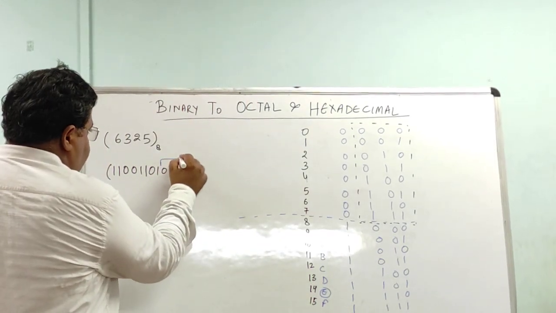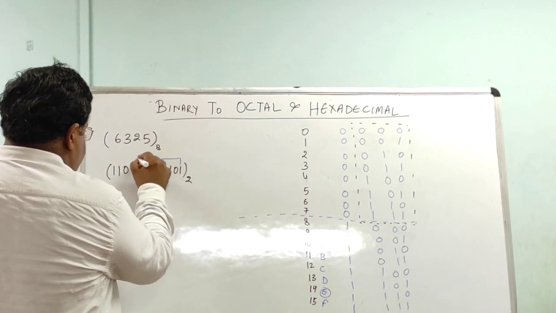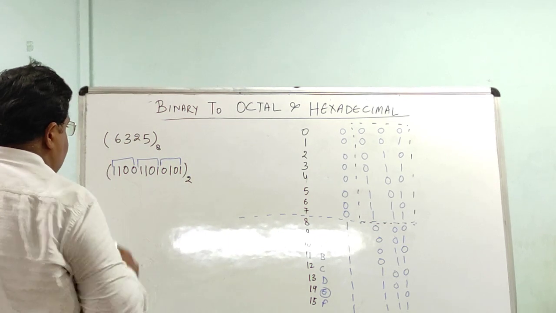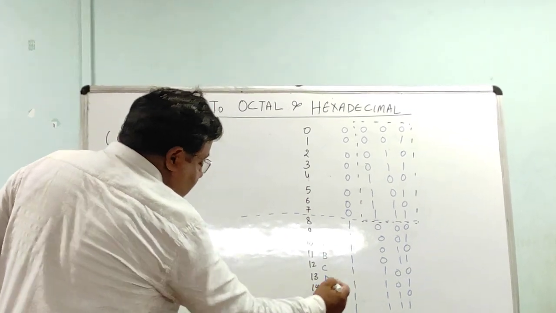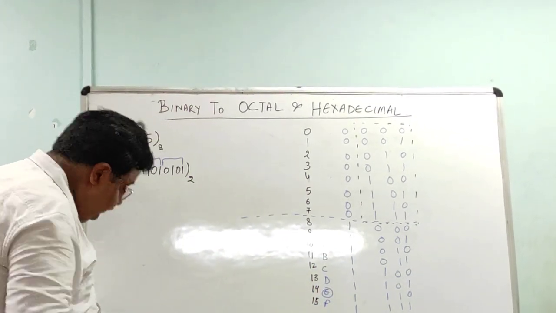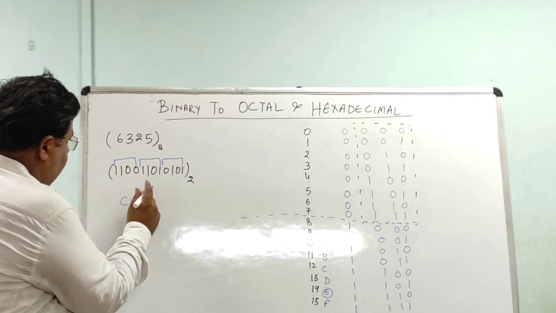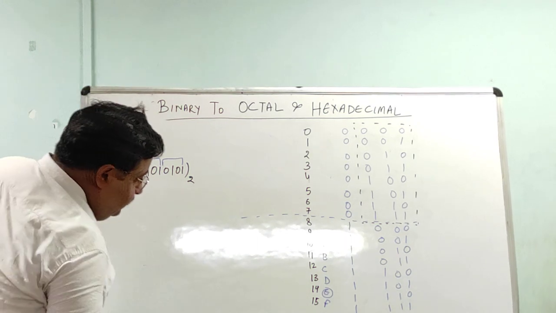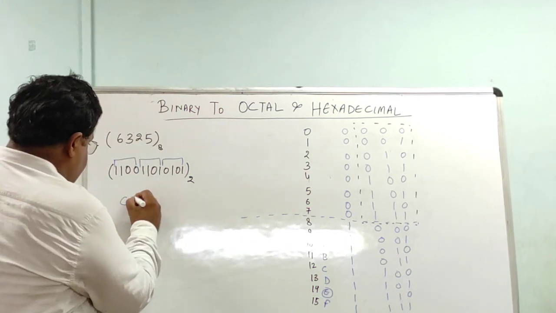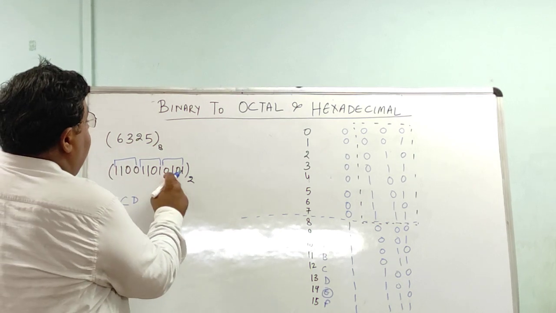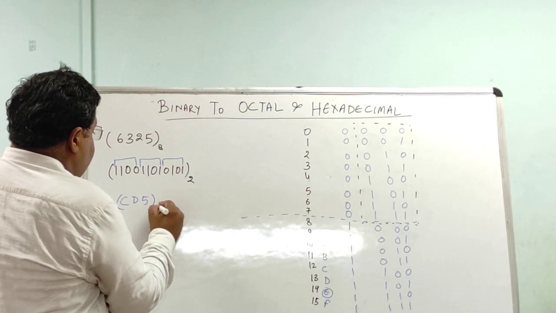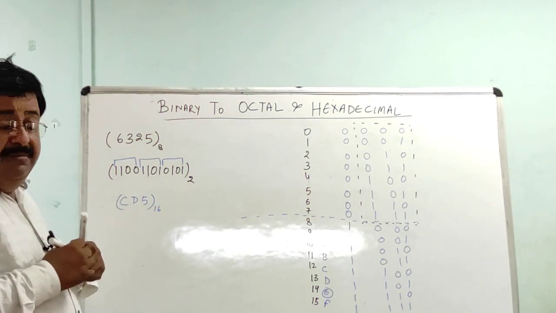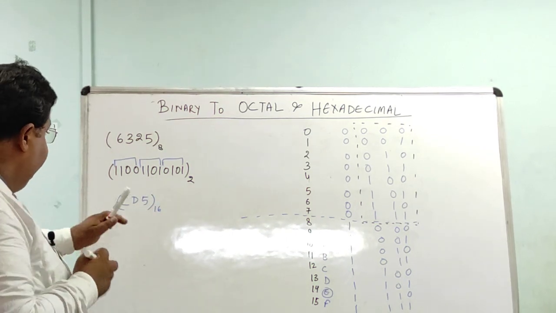Again we will make groups of 4. So, 1100 is C, 1101 is D, and 0101 is 5.